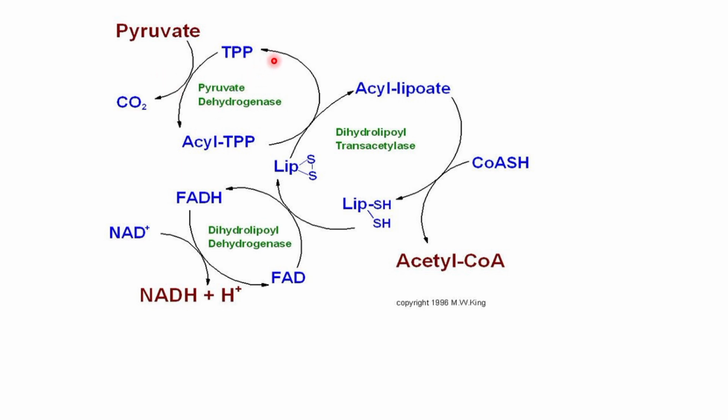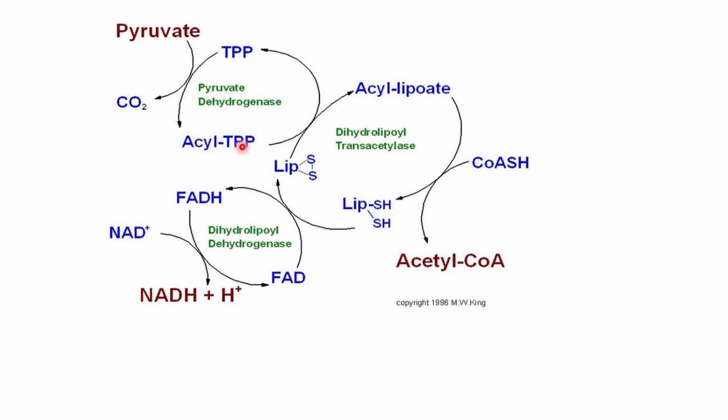Then it will add the coenzyme TPP to the acyl group produced from the decarboxylation of the pyruvate. You get it? We decarboxylate the pyruvate to form a two-carbon compound, which is the acetyl group or acyl group. We add the coenzyme to it to form acyl TPP.